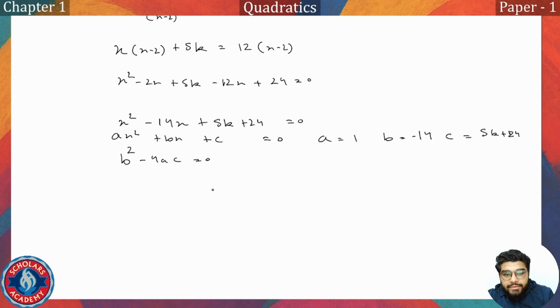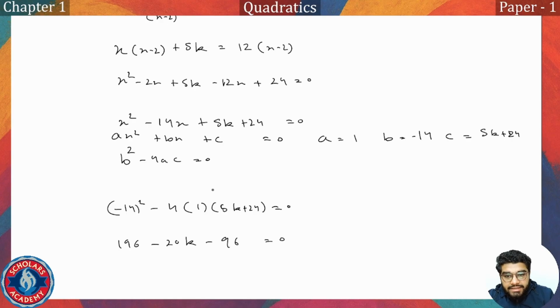So we substitute the values, we get negative 14 square minus 4 times 1 times (5k plus 24) is equal to 0. Let's simplify it, we get 196 minus 20k minus 96 is equal to 0.